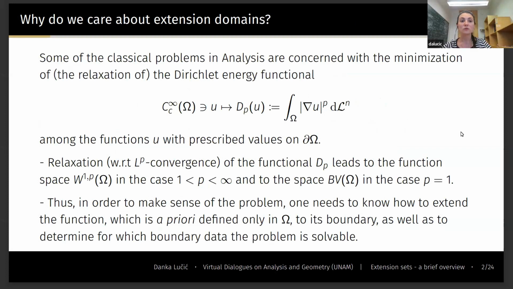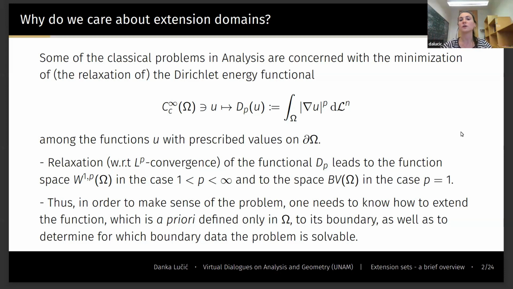Now, why do we care about such domains or such maps? Some classical problems in analysis are concerned with the minimization of the Dirichlet energy functional, which associates to every, say, smooth function the Dirichlet energy, which is the integral of its gradient to the power p.